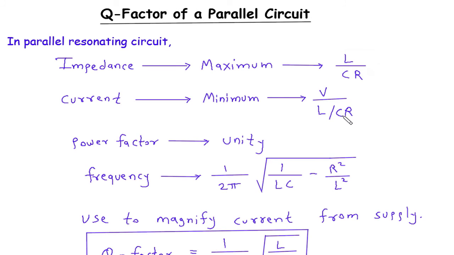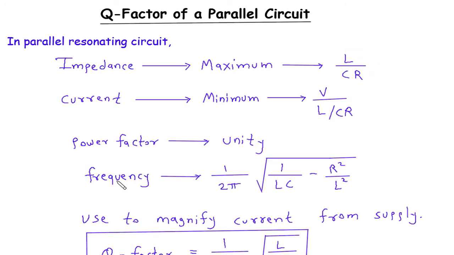So this L by CR is the impedance and it is called dynamic impedance or equivalent impedance. In a parallel resonating circuit, power factor is unity because the circuit is resistive in nature and hence phase angle phi is 0. Power factor is cos phi, so cos 0 is equal to 1. That's why power factor is unity.